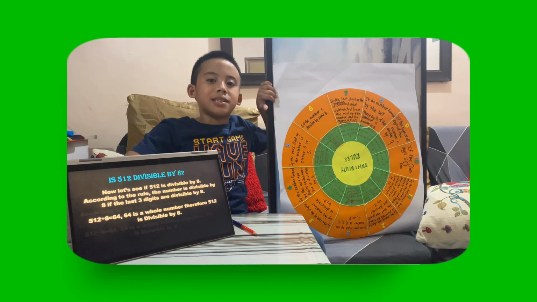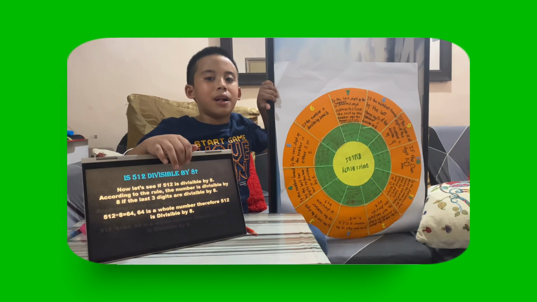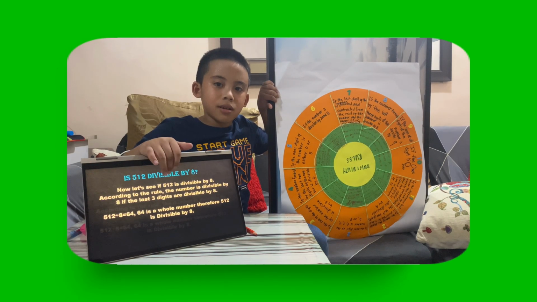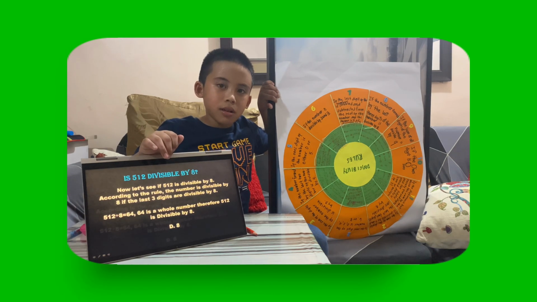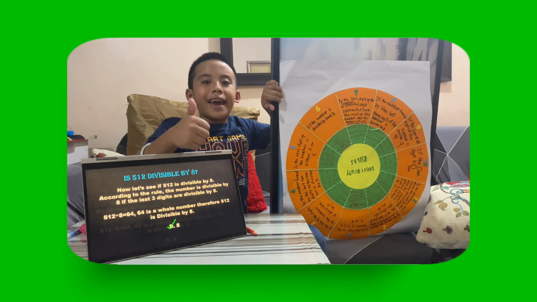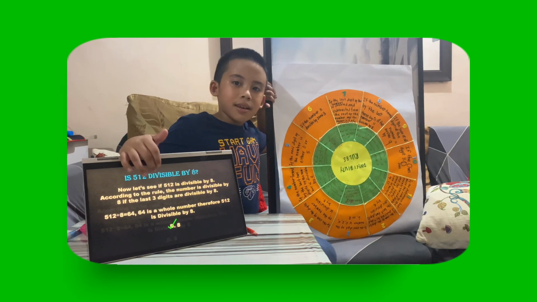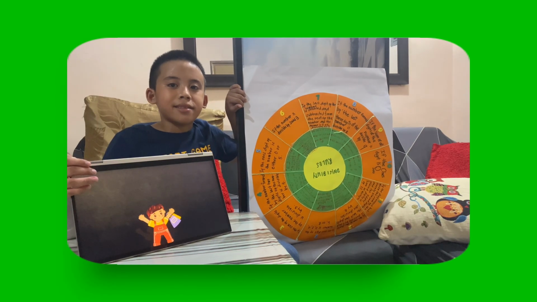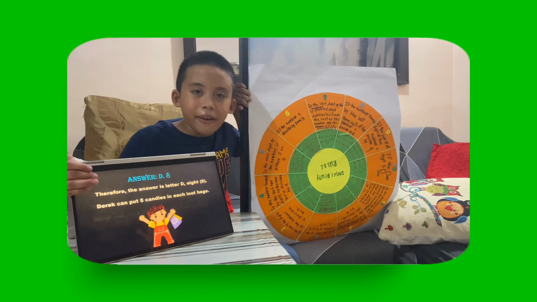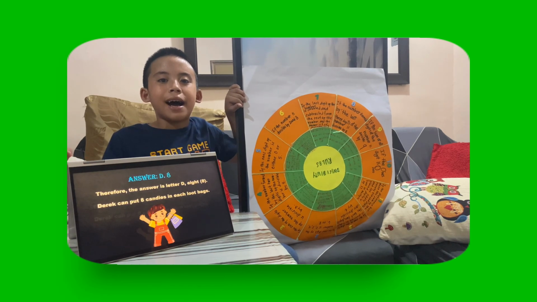And since 64 is a whole number, therefore 512 is divisible by 8. Therefore, the answer is letter D, 8. Therefore, Derek can put 8 candies in each loot bag.